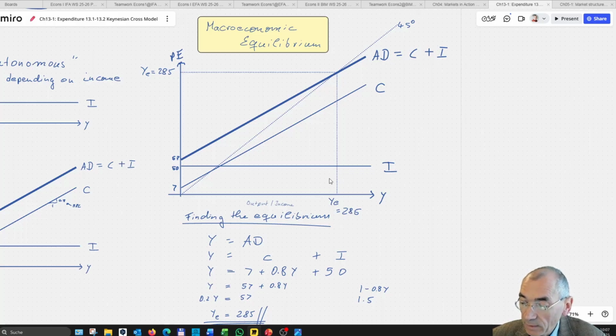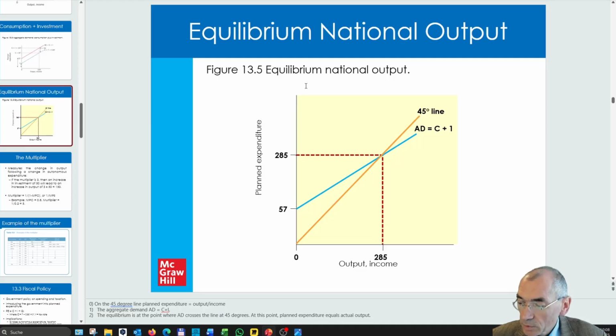And that means that the planned expenditure is exactly as high as the income, where we use output as a proxy. Our book shows this also in figure 13.5, might be a bit nicer than mine, but tells the same story.